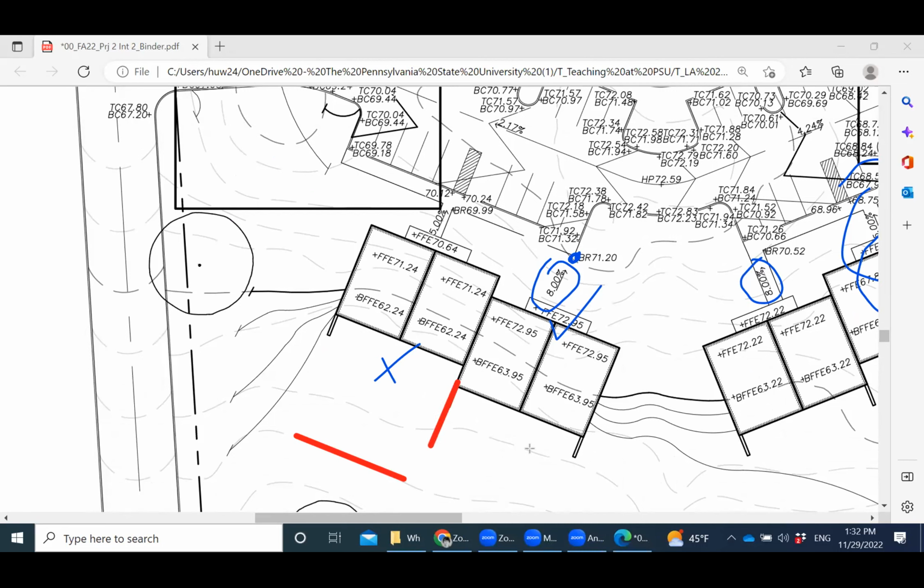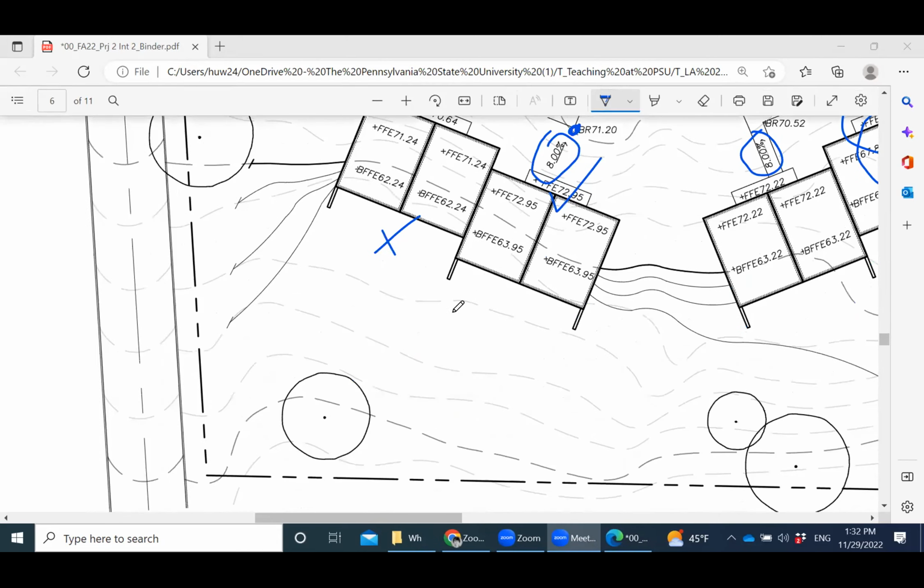If your 63 is over here, let me clear, I want to see a little bit more. So 0, 1, 2, 3, that's your 3. Your 3 might not need to move. If you don't need a walkout basement in that area, your 63 could stay somewhere here, depending on the slope that you want to design here.